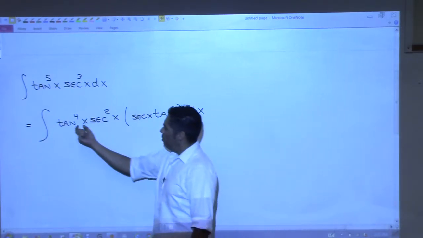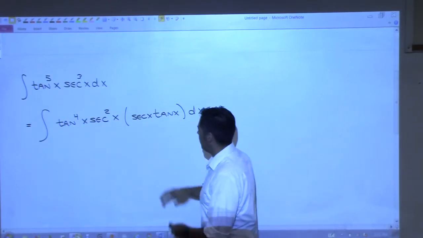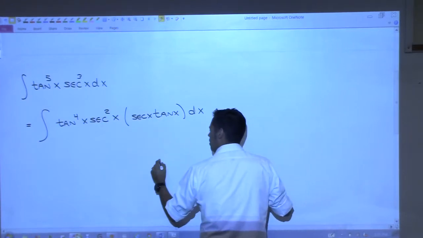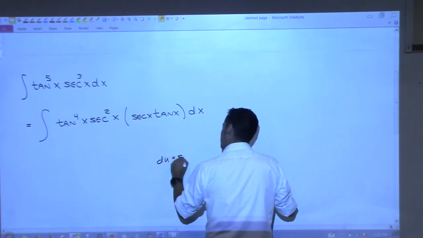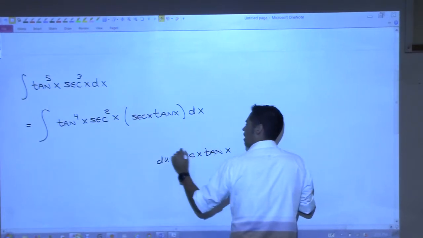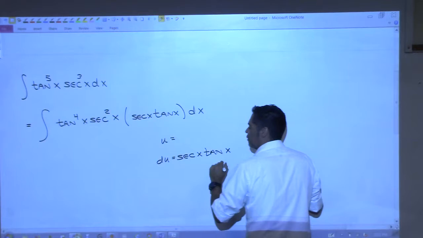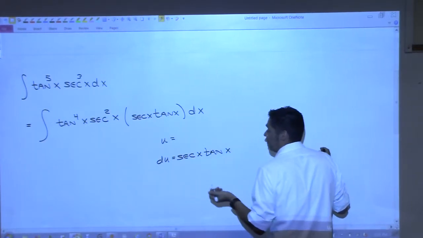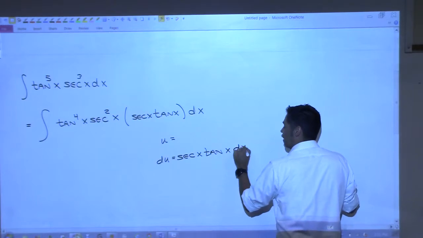If I peeled off one factor of the tangent, one factor of the secant, then this right here is my du. Right, my du would be the secant x tangent x. And u is equal to, what would the u have to be if that's going to be my du?